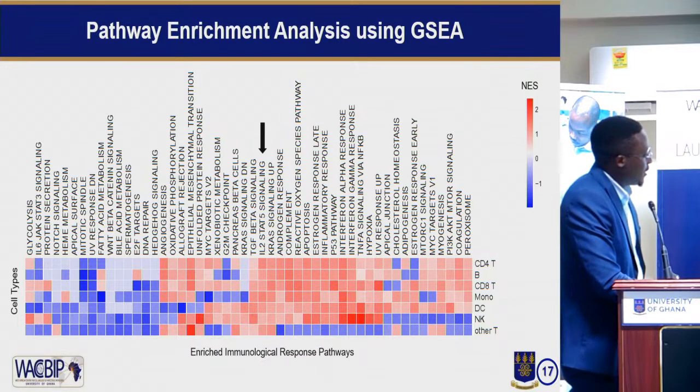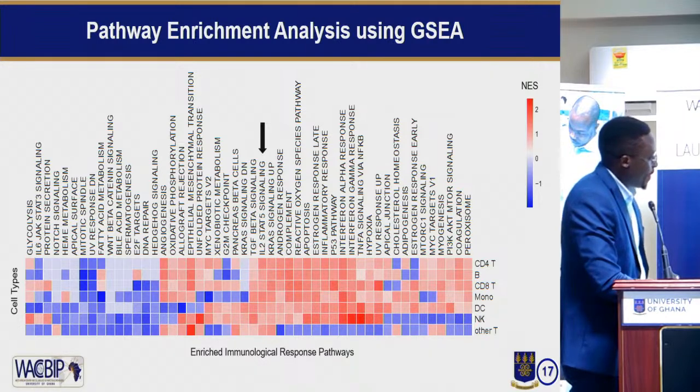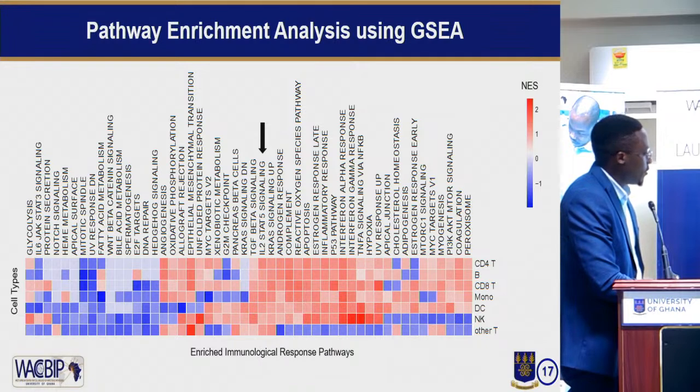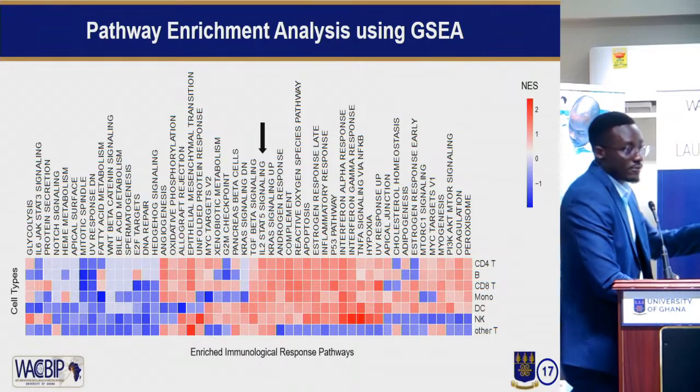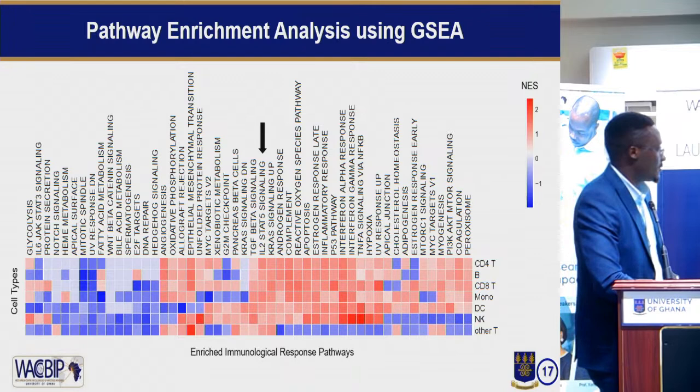We went further to evaluate whether these genes that were significantly higher were actually associated with any pathways, and here I'm showing the different cell types on the different bars across, and here are different pathways, and we are showing the normalized enrichment score for each of these pathways and whether it was significant.